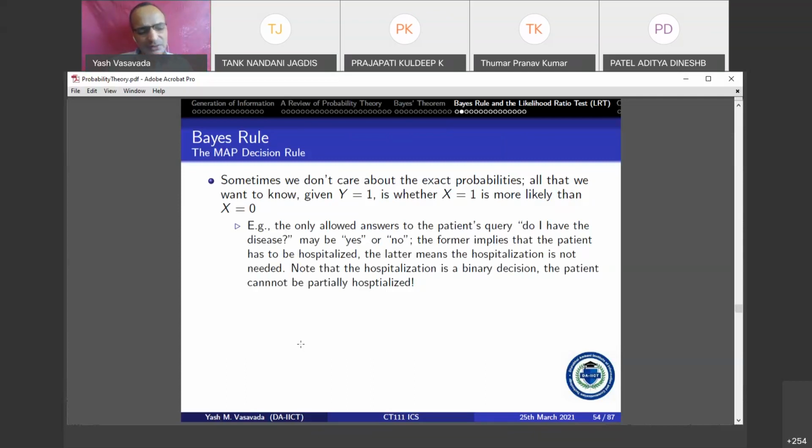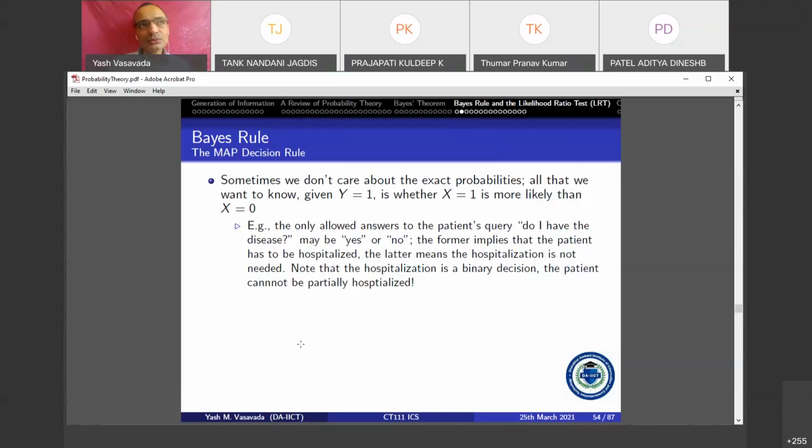And this sometimes is true even in real life, right? So if you get tested for a disease, and then the next question is whether you have to be hospitalized or not, then the decision has to be binary. You either get hospitalized or you don't get hospitalized. So yes, exact probabilities are important.